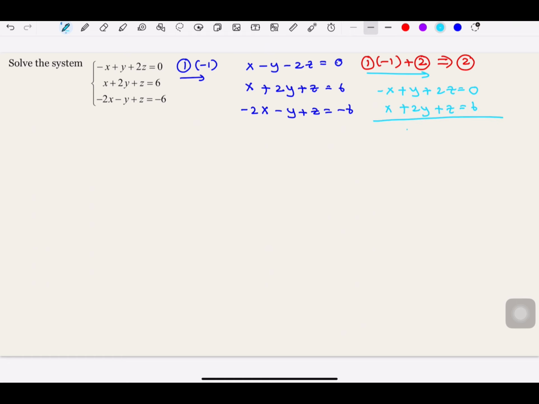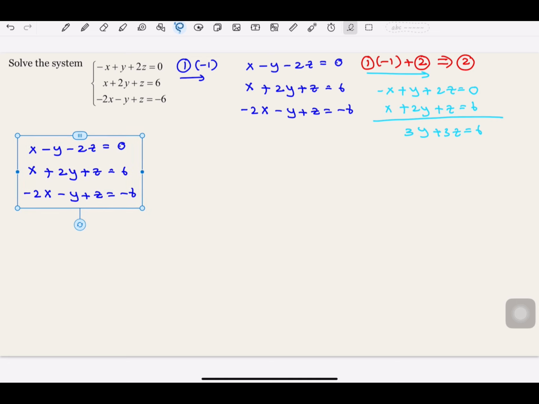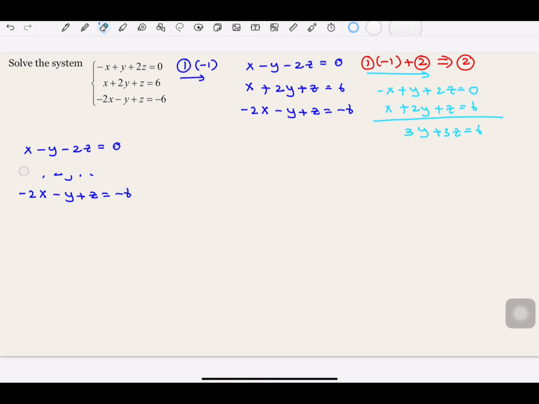So this will give you a 3y, and over here you'll get 3z = 6. So now your second equation you have to replace. I'm going to copy the whole system, and I'm going to change my second equation to 3y + 3z = 6. Okay, so now I have no x in the second equation.